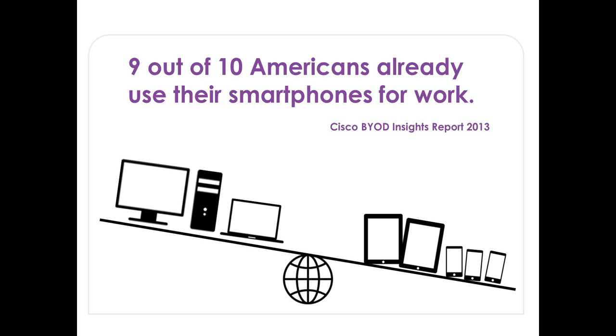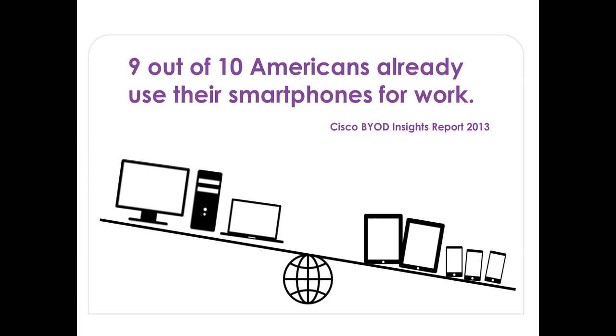This is another of these great convergences of demographics, behaviors, and technologies. This is a blend of all of those. 9 out of 10 Americans who take their smartphones to work use them for work-related purposes. It's happening, folks. People are using their tablets, their smartphones.